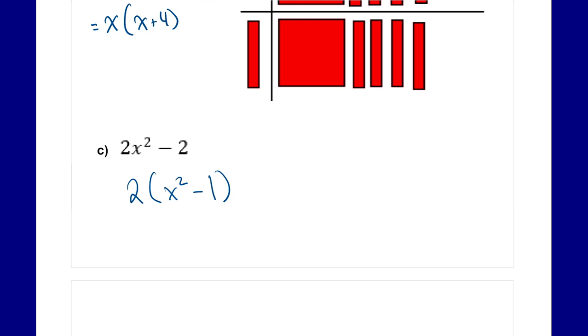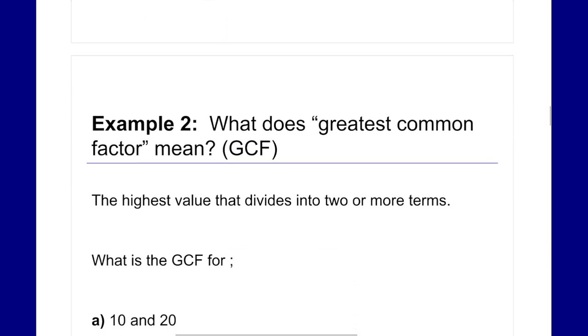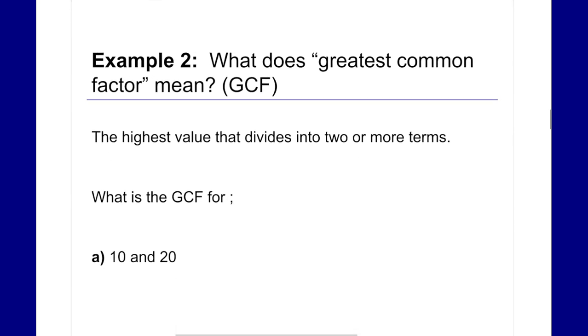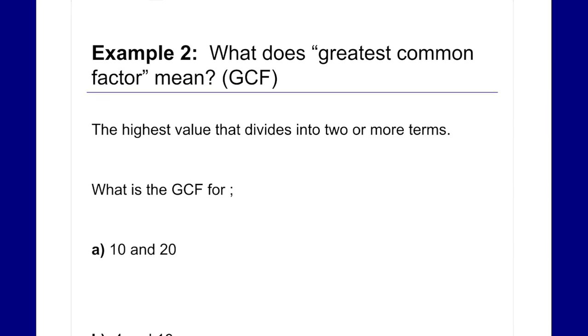So let's look at another way that we can try to go through and factor rather than just using algebra tiles. It's helpful to get an idea of how it works, but it can be difficult in some cases. So we're going to be referring to what we call the greatest common factor. And the greatest common factor is the highest value that divides into 2 or more terms.